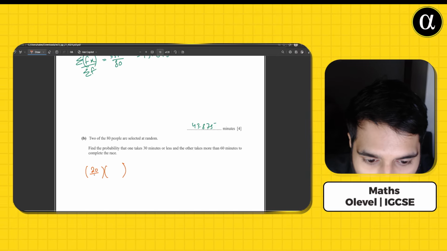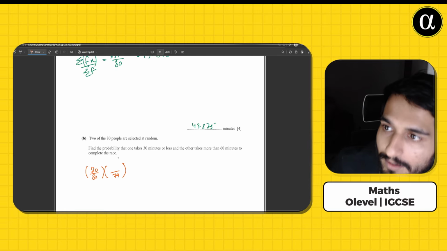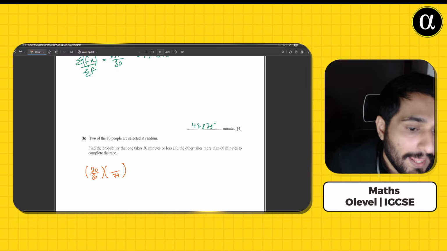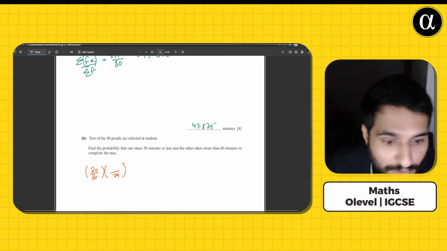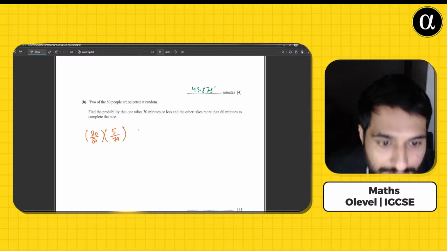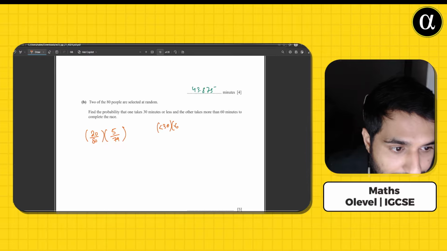Now if you select one person, you're left with 79 people, and what that means is, for people 60 or more, it's 5 over 79. So this is going to be the probability for less than 30 and greater than 60.